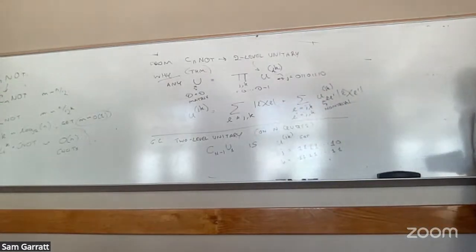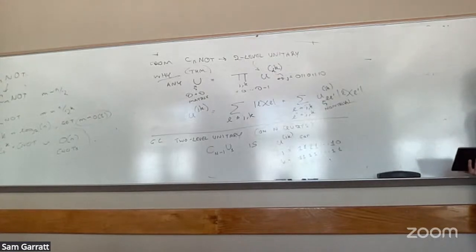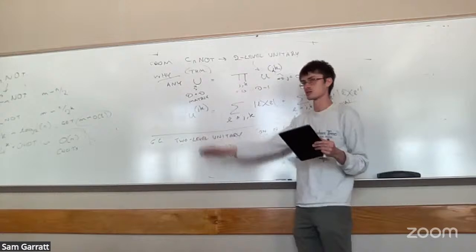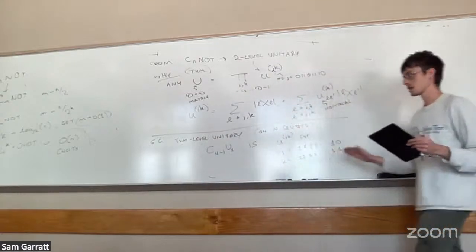Okay. So that's one two-level unitary. The point then is that more general two-level unitaries can be constructed from this operation and multi-controlled CNOTs. Okay.